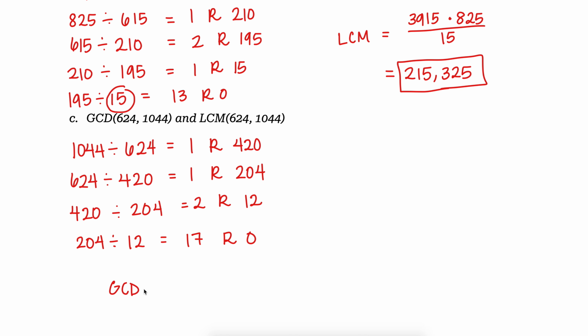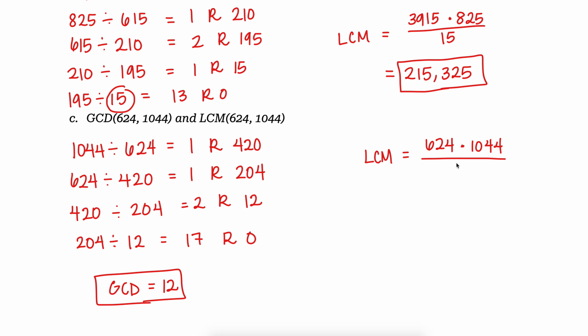So our greatest common divisor here is 12. The least common multiple, take the two numbers, multiply them together, divide by the greatest common divisor, which is 12, and you'll end up with 54,288.